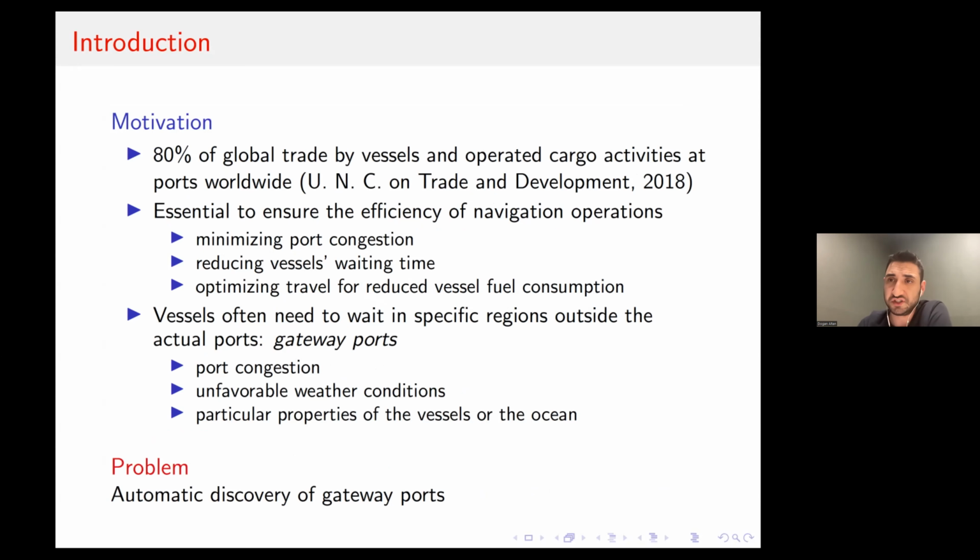Or the weather conditions may not be appropriate for the vessel, or there may be some issues related to the properties of the vessels or the ocean itself. So in this work, we are addressing the problem of discovering these gateway ports in an automatic way: how we can detect these waiting regions that we call gateway ports.